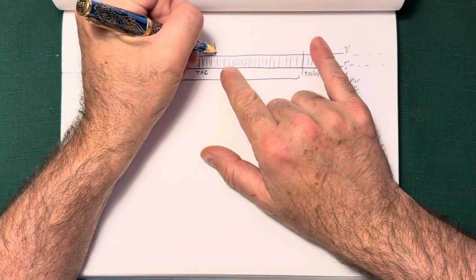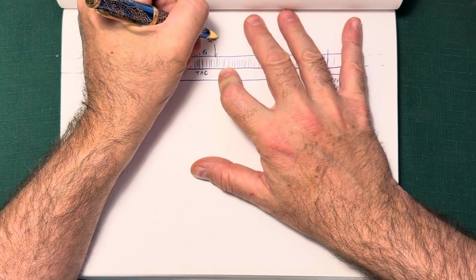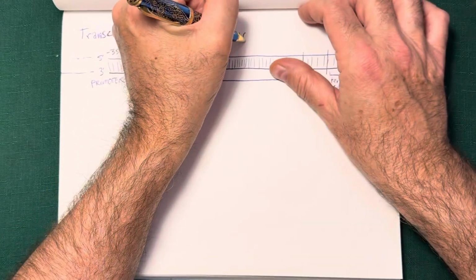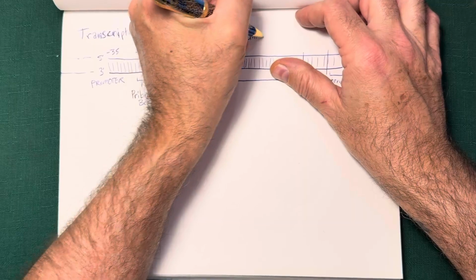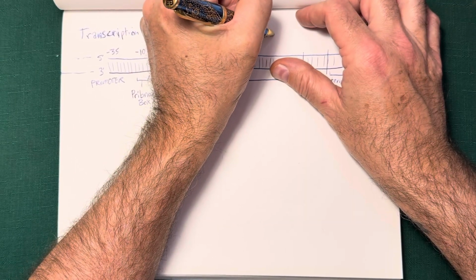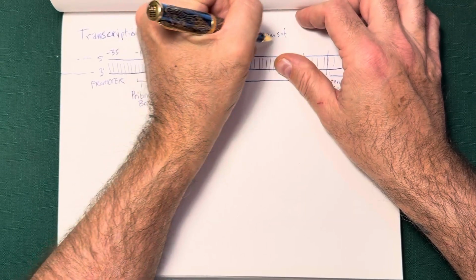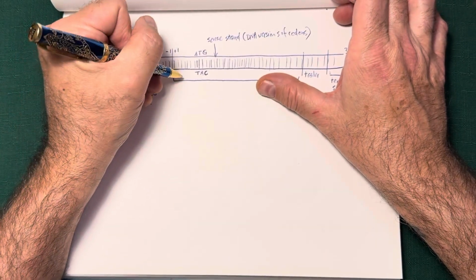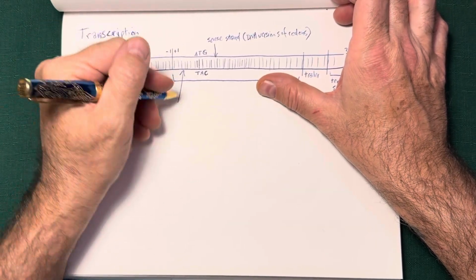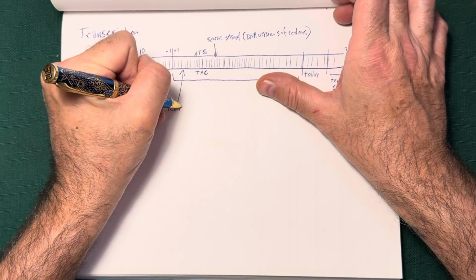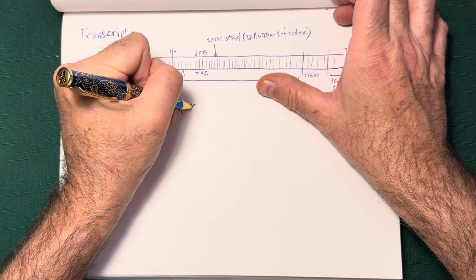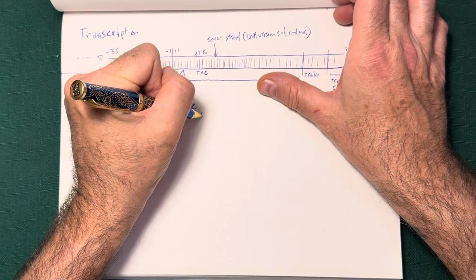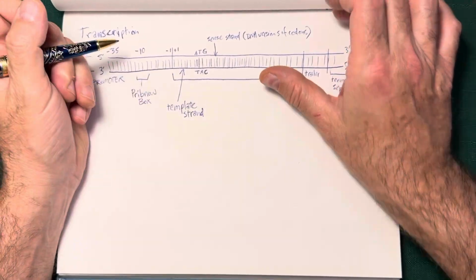So this is our sense strand with DNA versions of codons. But this lower one is going to be our template strand. That's what the RNA polymerase is going to recognize to make the messenger RNA.